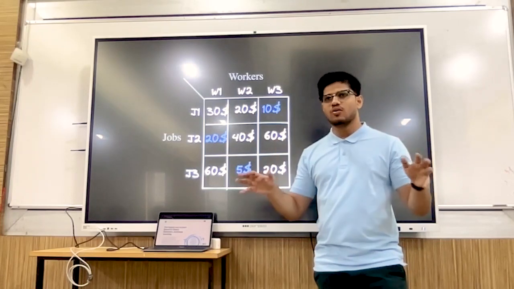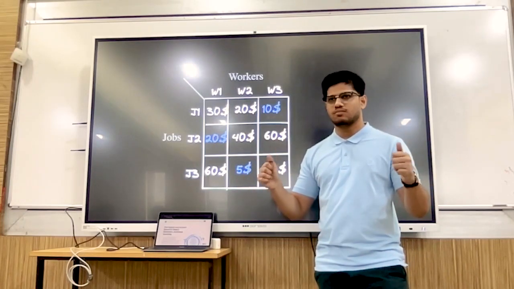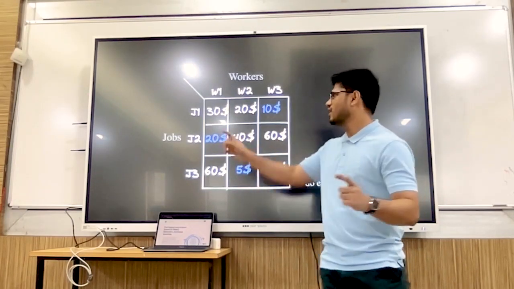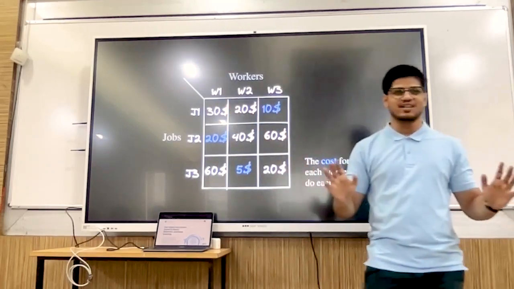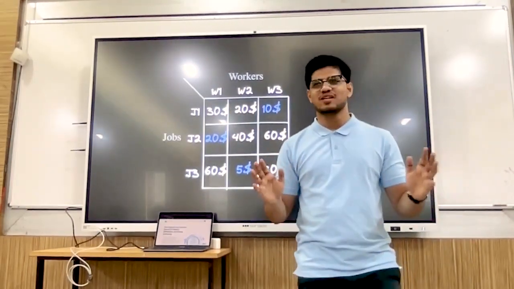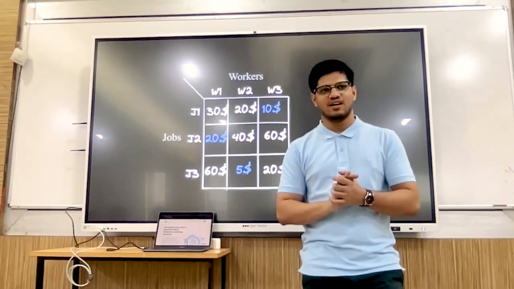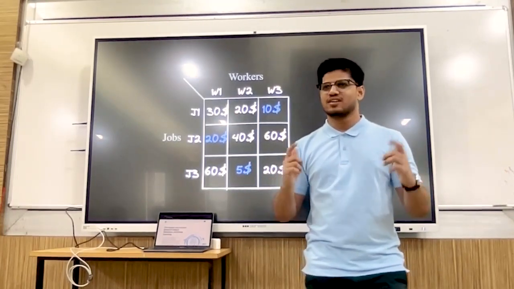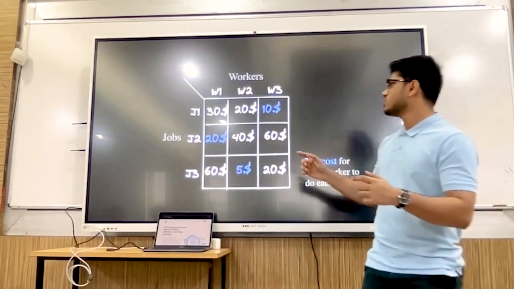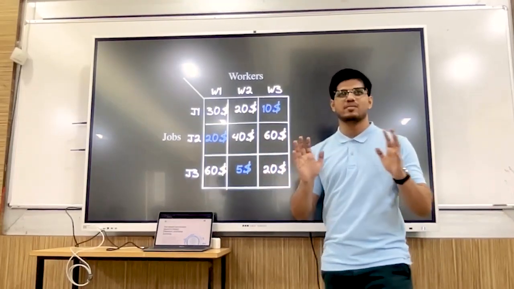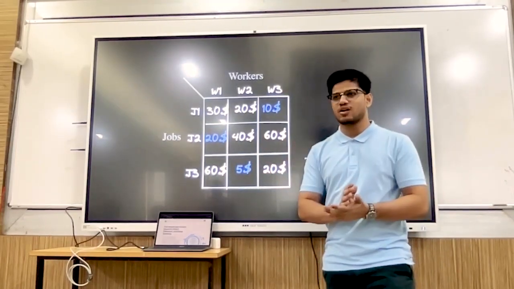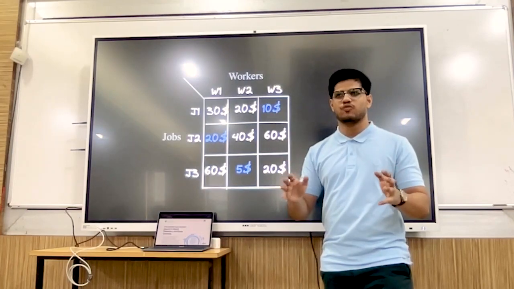As an employer, what should your goal be? Don't say layoff, please. What should your goal be? Give the job to the workers which will minimize the total cost. Yes, great. So give the jobs to those workers which will minimize your cost, because you need to run a company. You need to put food on the table.